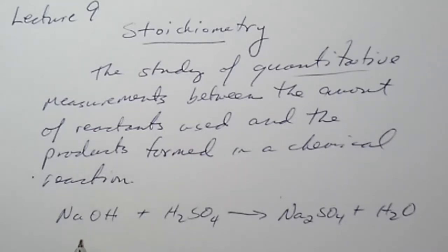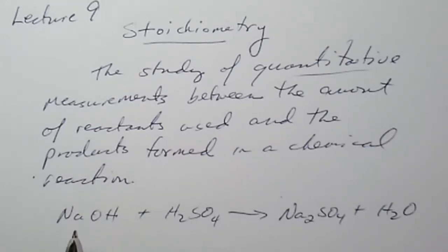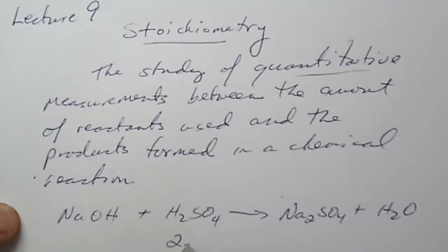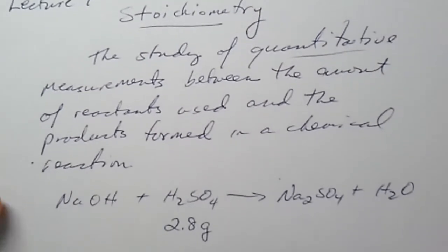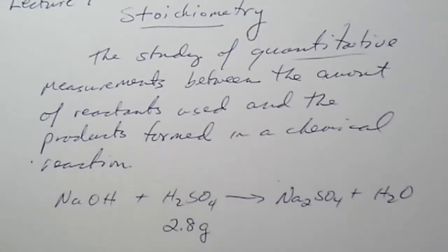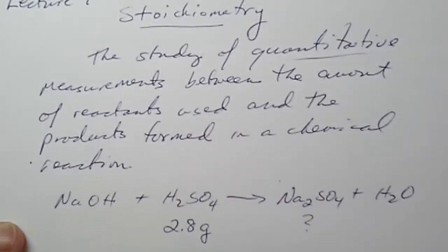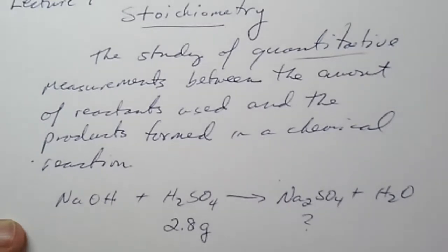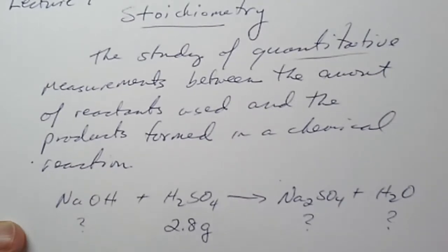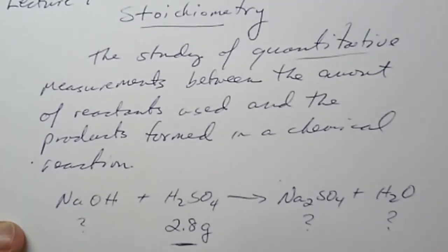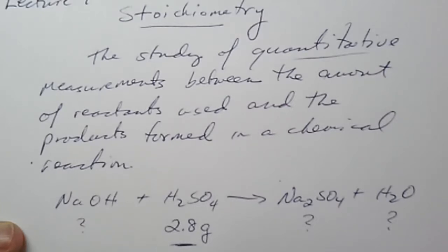And so we're going to talk about how we determine, based on a given amount, for instance, if we're given 2.8 grams of the sulfuric acid, we ought to be able to calculate how much product could potentially be made, how much of the second reactant, sodium hydroxide, will be required, and how much water will be made, simply by knowing the amount of one of the reactants in this chemical reaction.